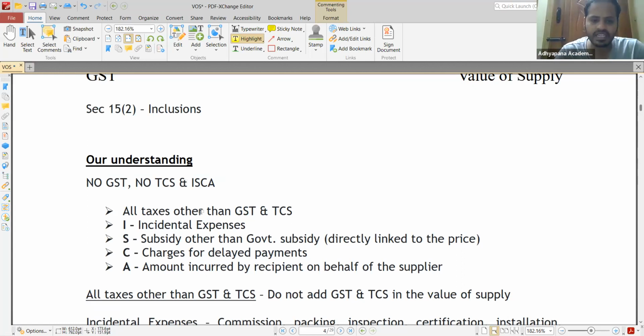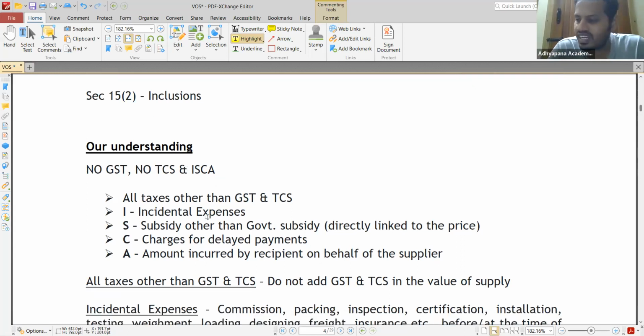Then, when I was in CA Final, there is a toughest paper, which is ISCA. Based on that ISCA, it was familiar for us to understand these inclusions.